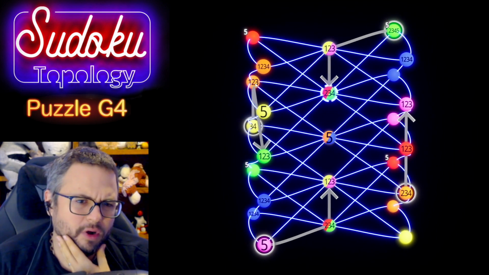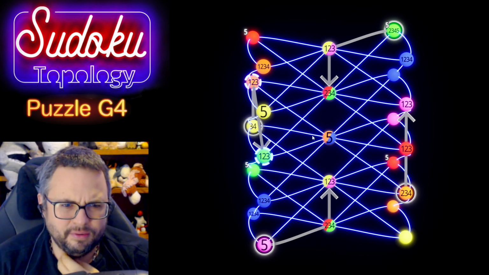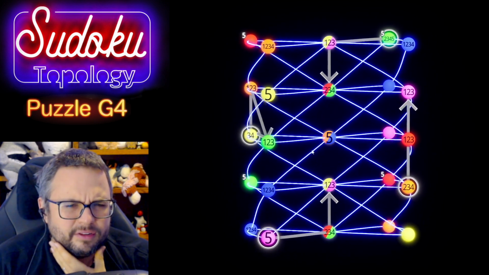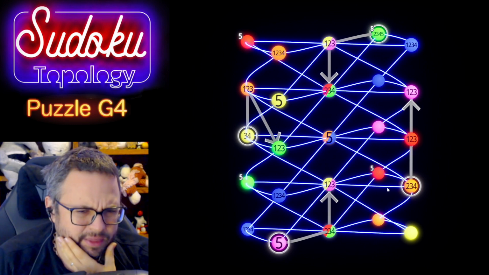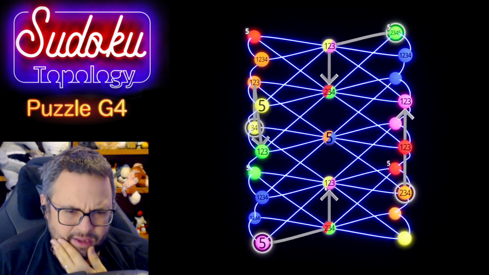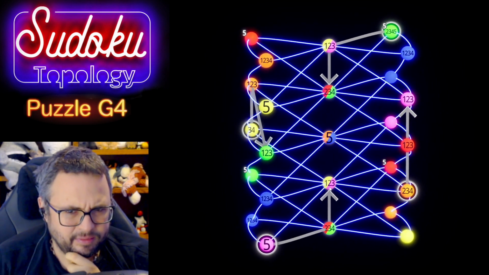Right. If this is 1, it makes this 2, 2. And now 3, 1, 4? That still looks okay. I swear there was something somewhat like that. That was maybe the point.